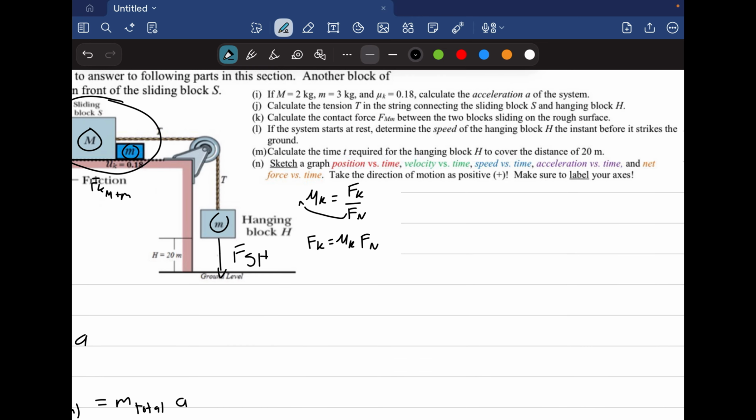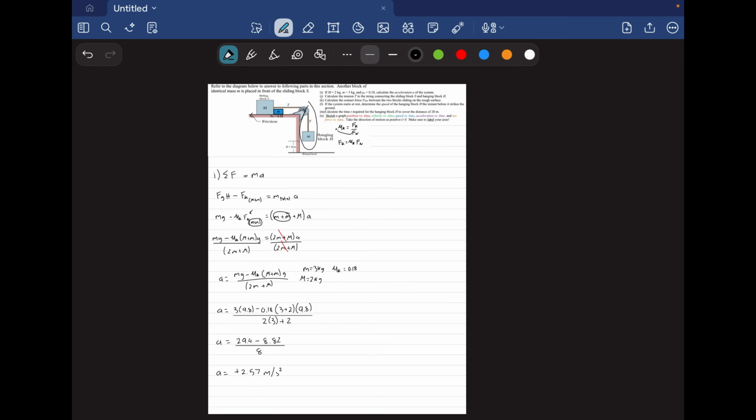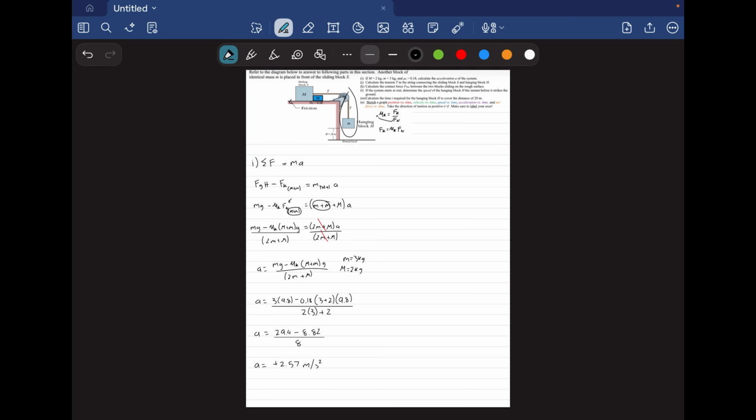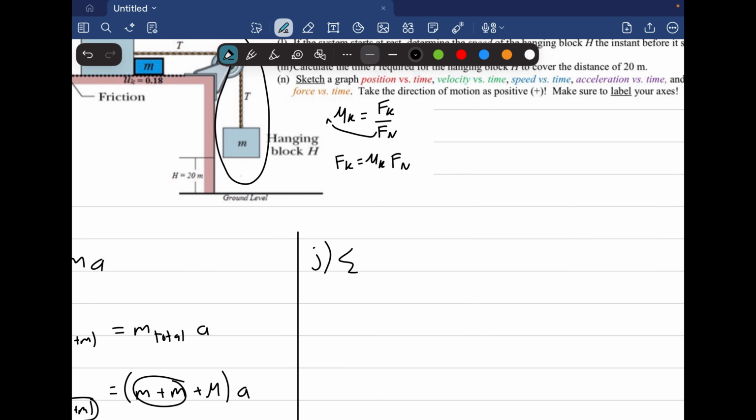then part J, want the tension of the system. Okay, so to find tension, I'll look at this part of the system. So let me erase this and I'll separate it. Okay, part J. So we write Newton's second law. So this F_g H is assuming it's still moving to the right.